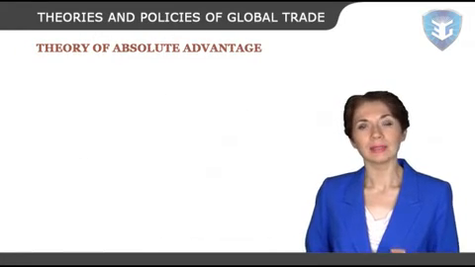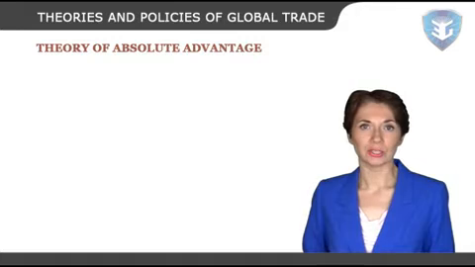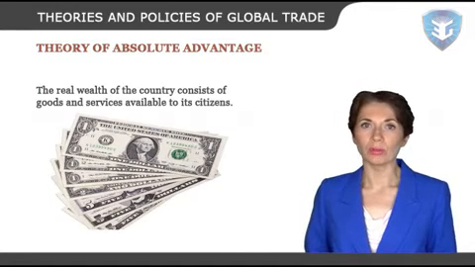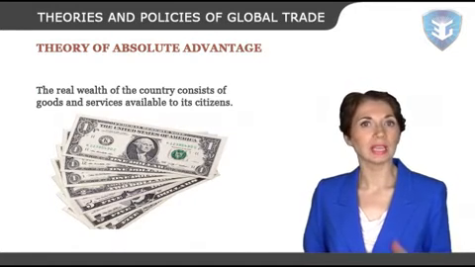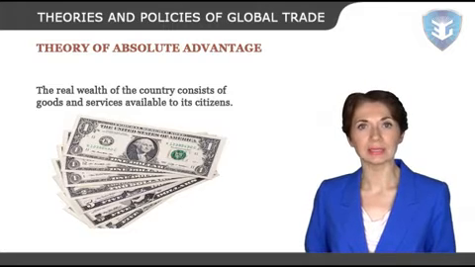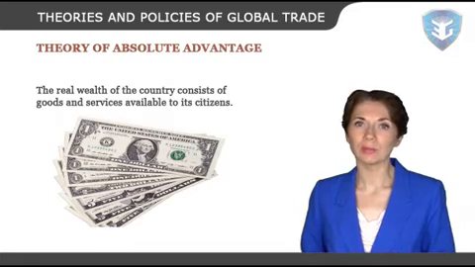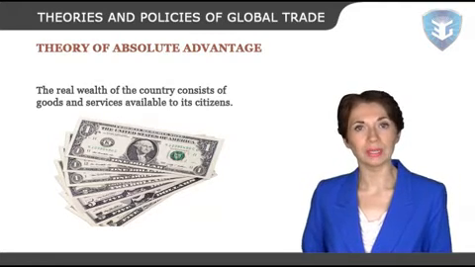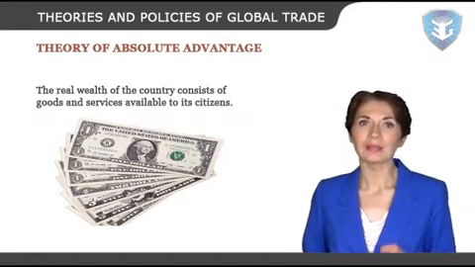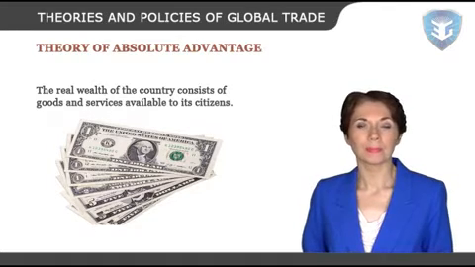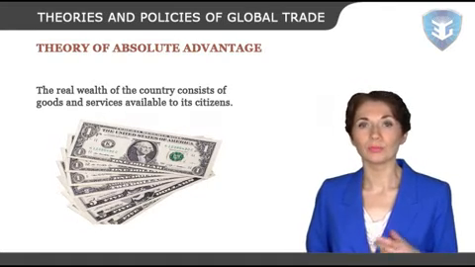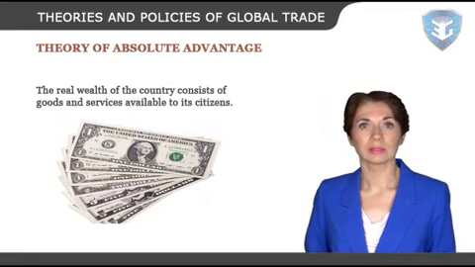Now we will study the theory of absolute advantage. The real wealth of the country consists of goods and services available to its citizens. If any country can produce a particular commodity more and more cheaply than other countries, it has an absolute advantage. Some countries can produce goods more efficiently than others.